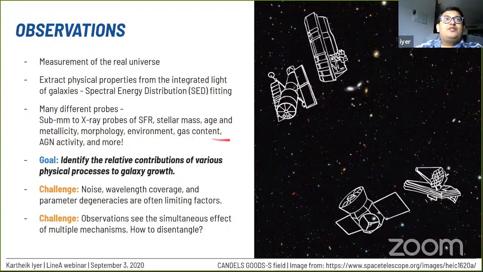But the one I'm going to be focusing on is something called spectral energy distribution, or SED fitting, which is a set of techniques to extract the physical properties of galaxies from their spectral energy distributions, which is their integrated light. So it's a measure of the flux density of these galaxies as a function of wavelength. The goal is the same as before, which is that we want to identify the relative contributions of various physical processes to galaxy growth and quiescence.